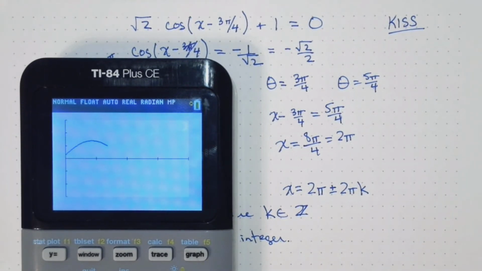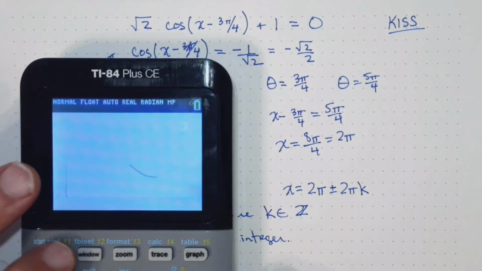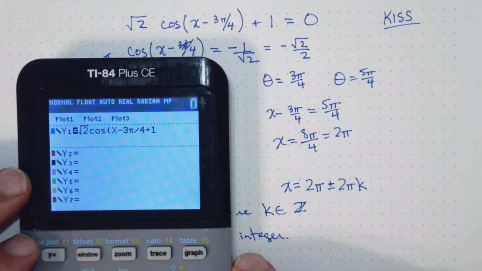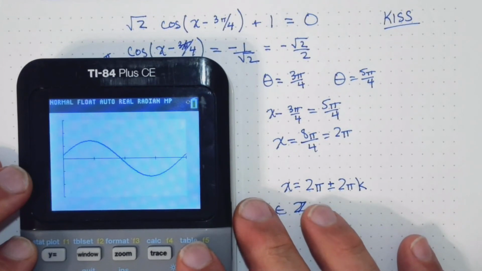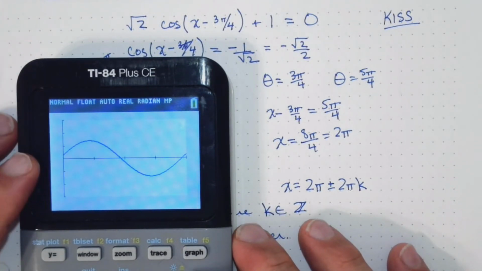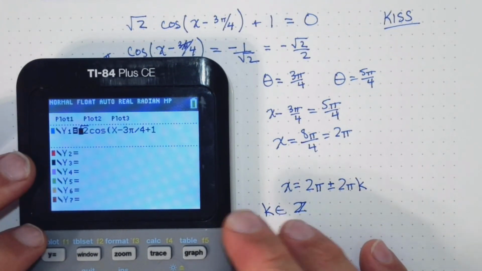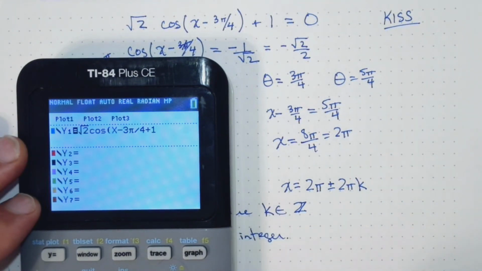And here comes this cosine function that has had a phase shift. Let's just make sure. We notice that I was missing a parenthesis, so we want to be careful. The way I knew I was missing a parenthesis is that I don't see that vertical move up by 1 unit.